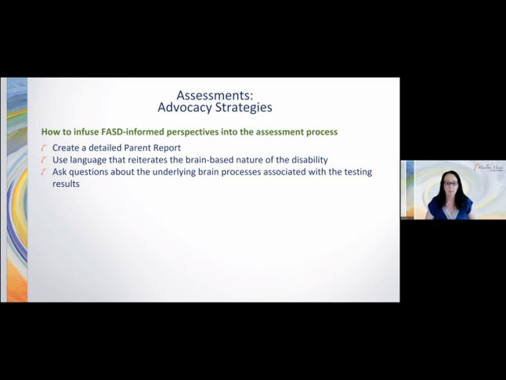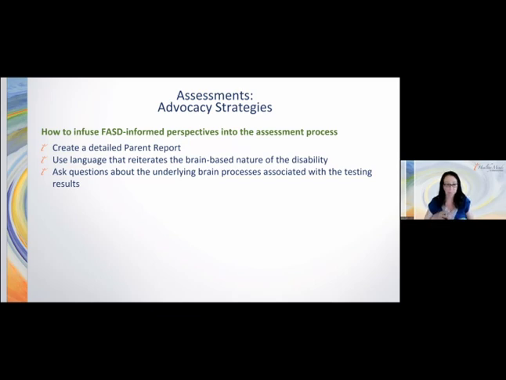When assessment reports are being discussed, I encourage you to ask questions about the underlying brain processes that are associated with the testing results and how that translates to your child's academic, behavioral, social, and other educationally related needs.